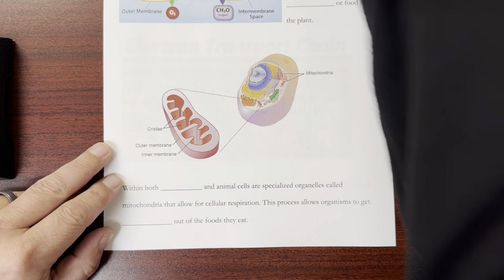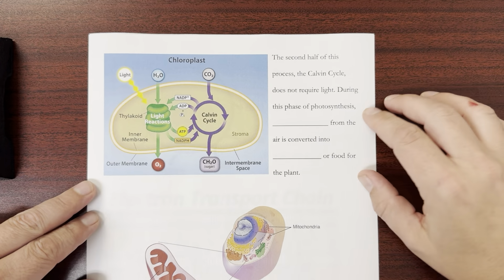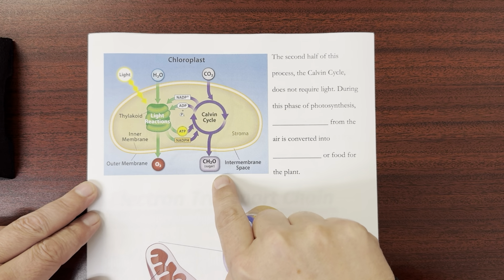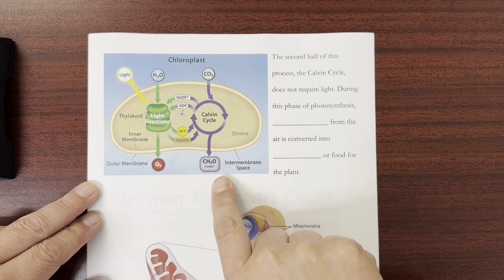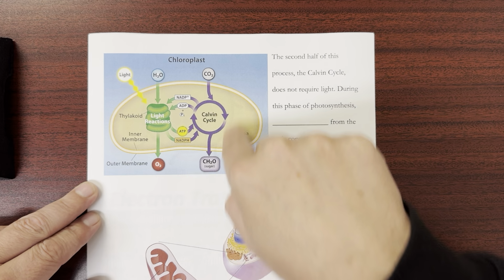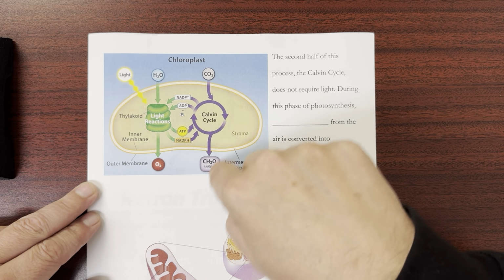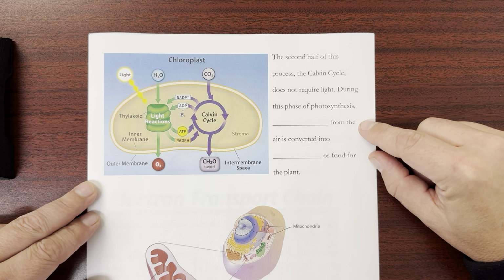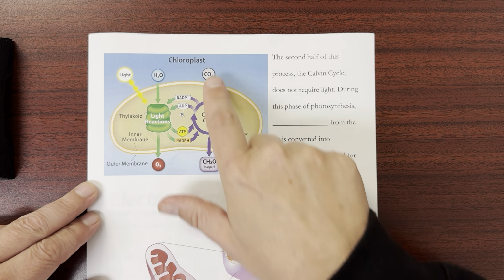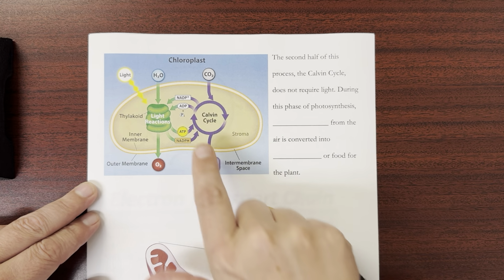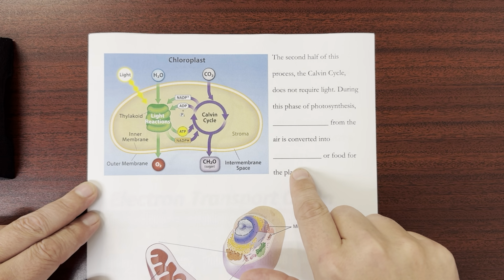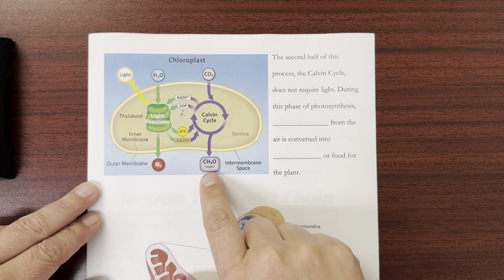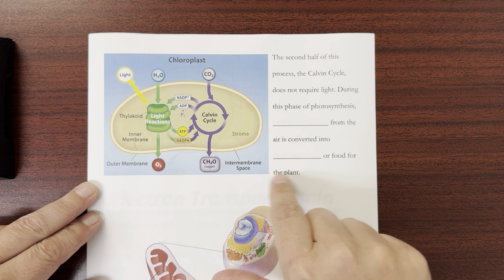Okay, let's continue. The second half of the process is the Calvin cycle. It does not require light, so this can happen during the day and at night, both. During this phase of photosynthesis, carbon dioxide from the air, we see carbon dioxide coming in, is converted into sugars or food for the plant.